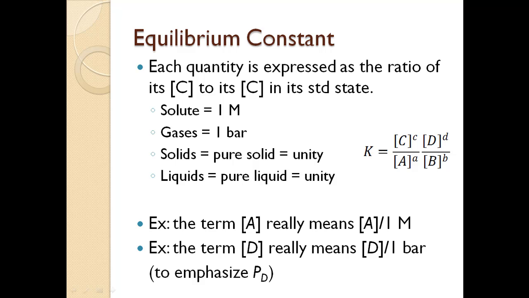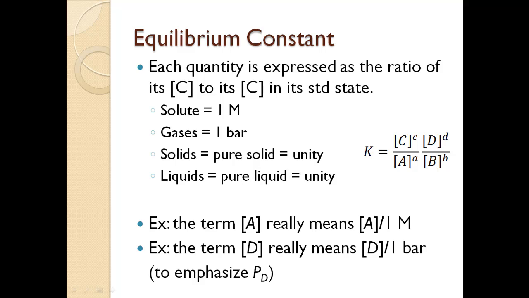So even though in reality, when we write bracket A, like saying the concentration of A, what we really mean is that the concentration of A is over 1 molar. But we never write that. That's rarely written like that, so don't stress out. You just have to know that. So when we write the concentration of A, that bracket A, that's really saying over 1 molar.